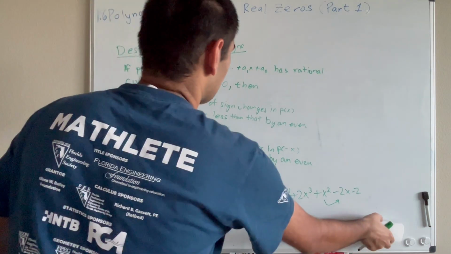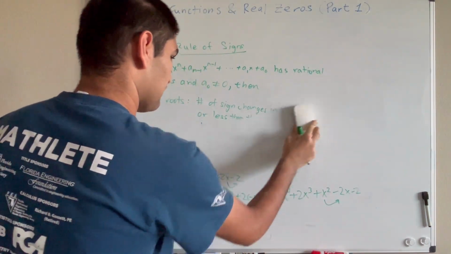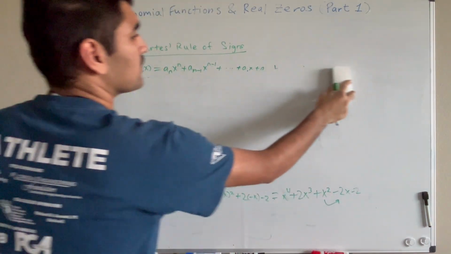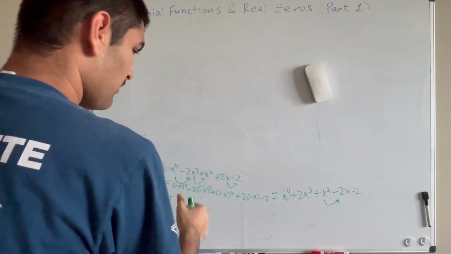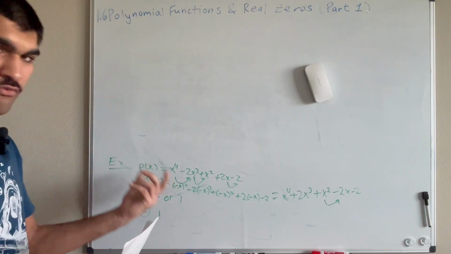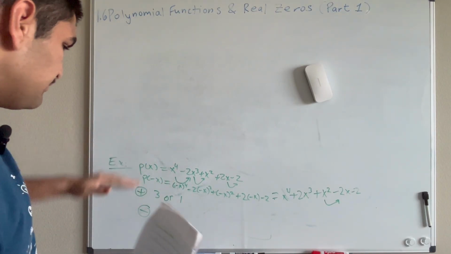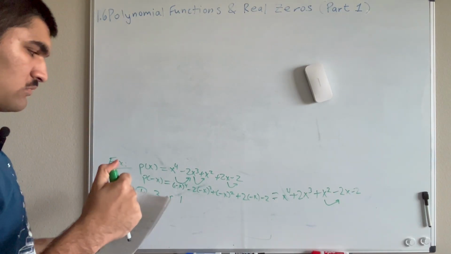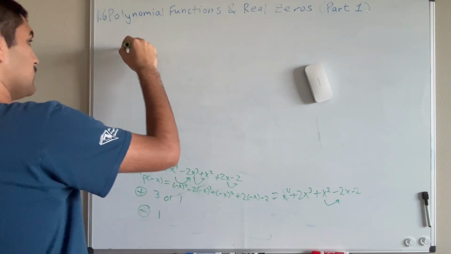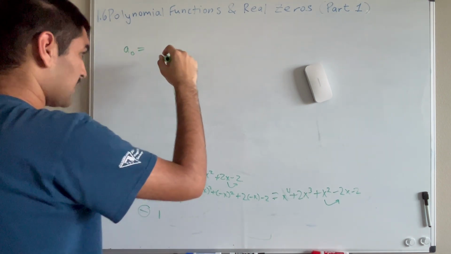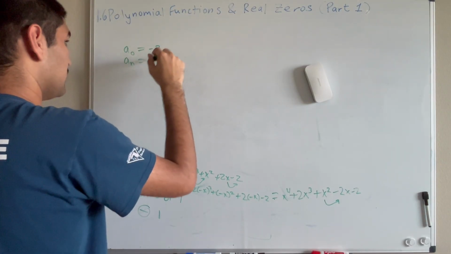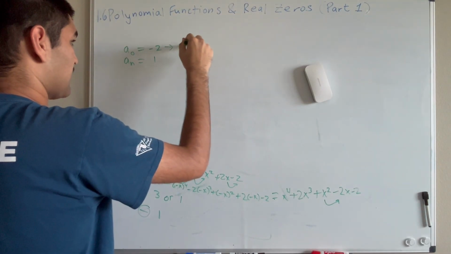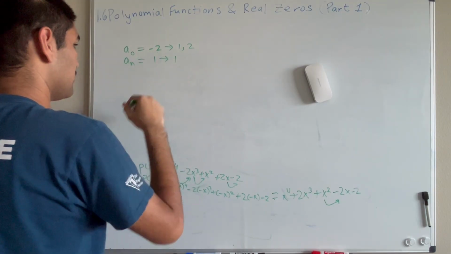So I'm just going to erase this real quickly so I can continue my example up here. Now, if we also apply the rational root theorem on this polynomial, we can figure out the possible rational roots. Our constant term in this case is negative 2. Our leading coefficient is 1. So factors of that are 1 and 2, and factors of this is just 1.